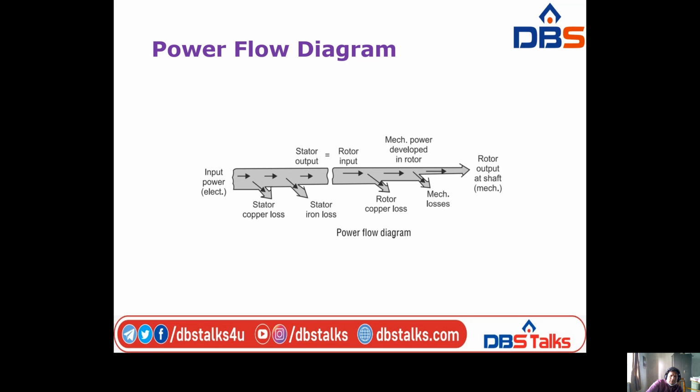Now from this power flow diagram, you have to determine the efficiency. Efficiency is equal to output power by input power, otherwise rotor output by stator input. For a motor, we know the input but we don't know the output. Therefore, output is equal to input minus stator copper loss, minus stator iron loss, minus rotor copper loss, minus mechanical losses. That means input minus losses, divided by input, is the efficiency of a given three-phase induction motor.